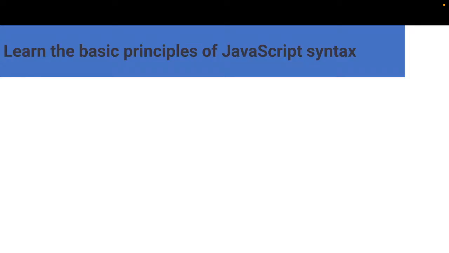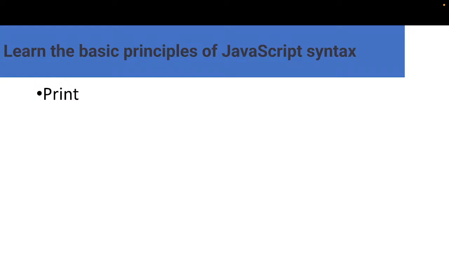Basically, in any kind of programming language, we find some of the same things. For example, all programming languages use print. Print is a common item for any kind of programming language.